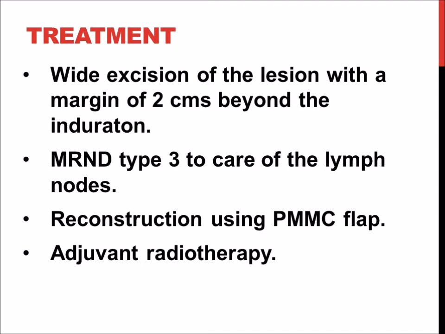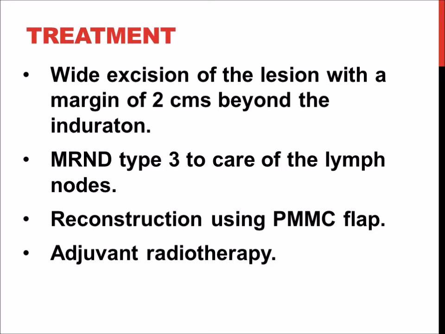You have to widely excise the lesion, you have to do lymphadenectomy, and give adjuvant radiotherapy with some indications. Why radiotherapy? I'll explain. Now wide excision we are doing with a margin of 1 to 2 centimeters because that will be the most possible margin of clearance.